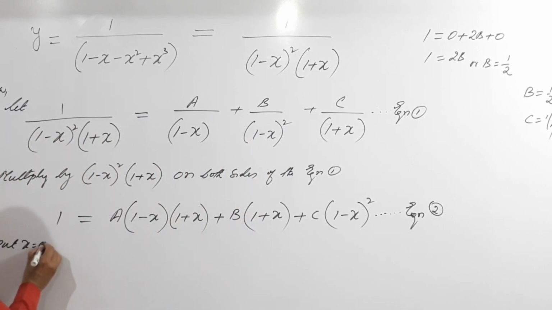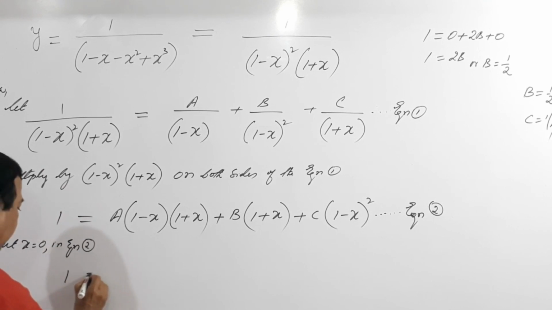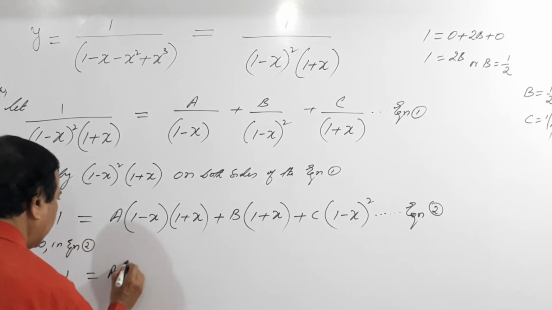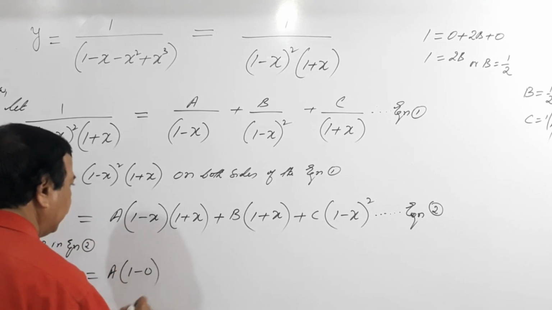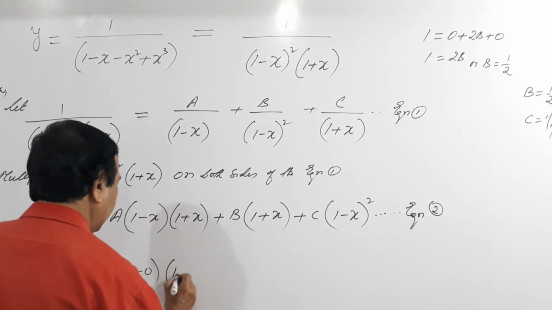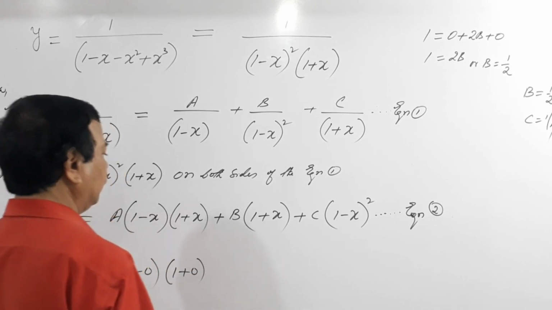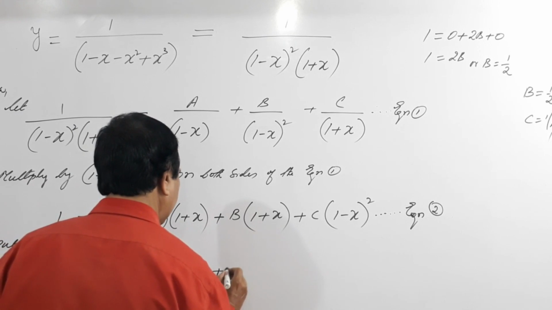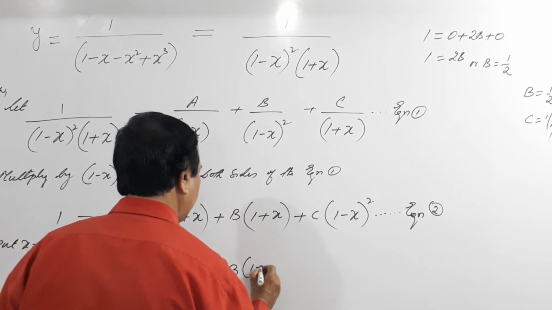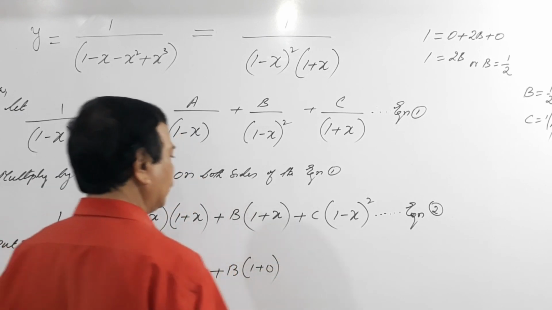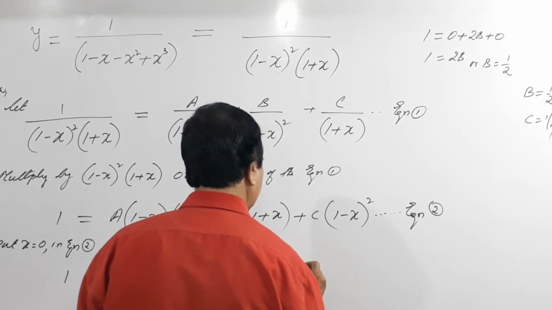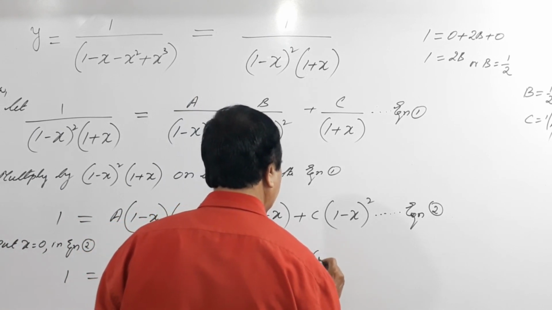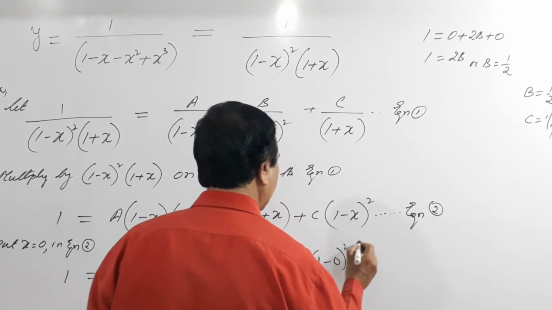Put x equals 0 in equation 2: 1 equals a into (1 minus 0) into (1 plus 0), plus b into (1 plus 0), plus c into (1 minus 0) the whole square.